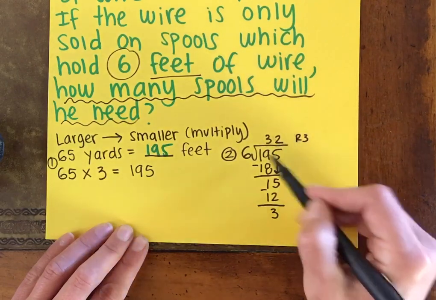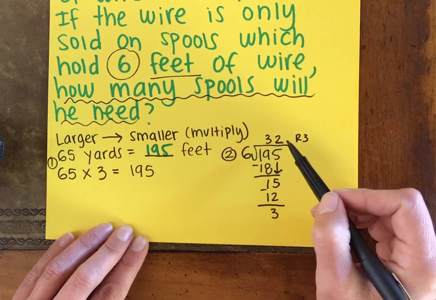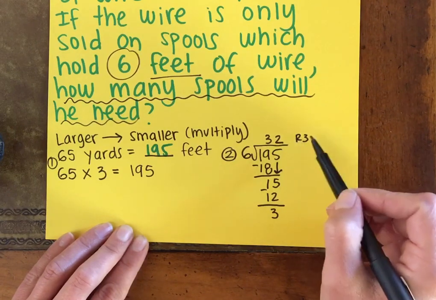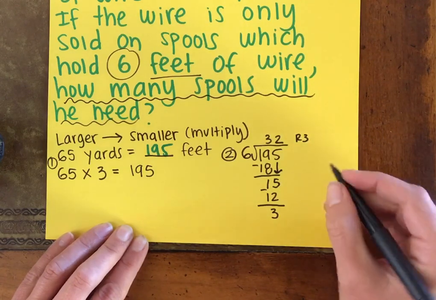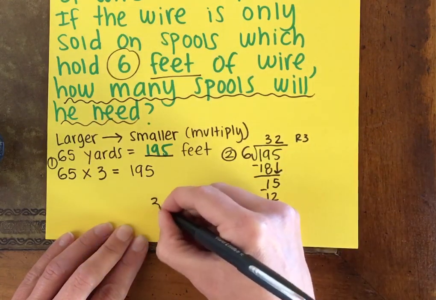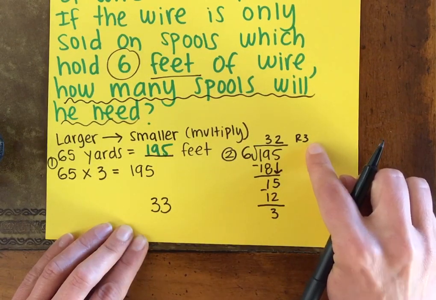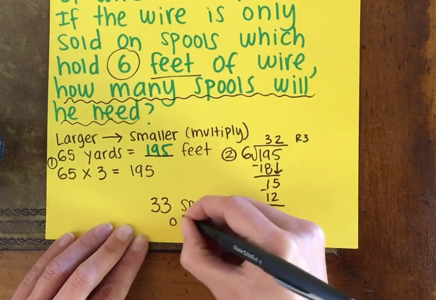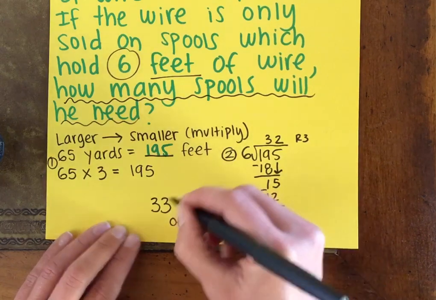So there are 32 groups, or 32 spools, but with a remainder of 3. And I can't purchase a remainder of 3, so I'm going to need to buy 33 spools. I'll move up with my remainder, and I'll just have a little bit of wire left over. So my answer is 33 spools of wire.